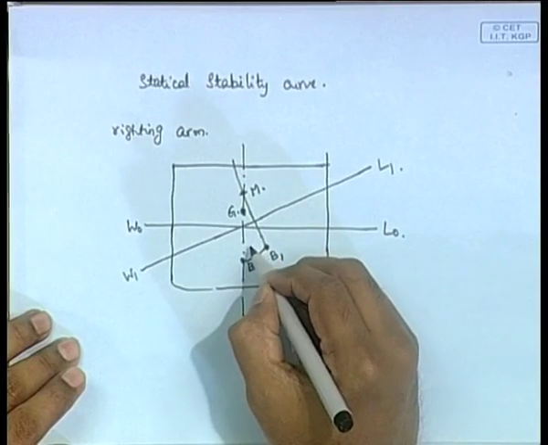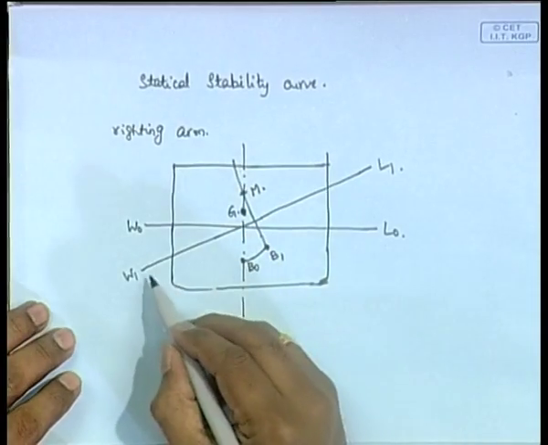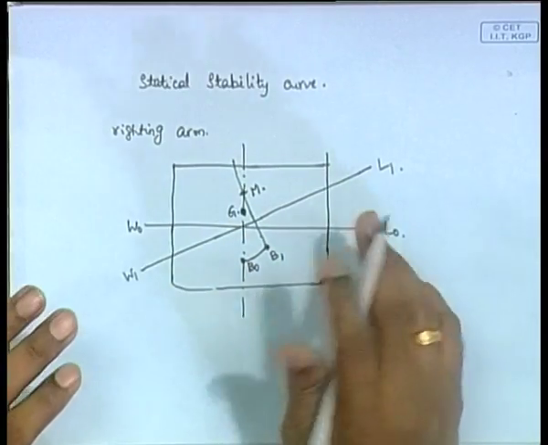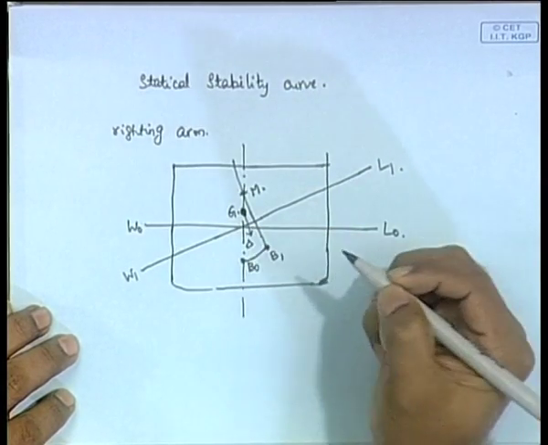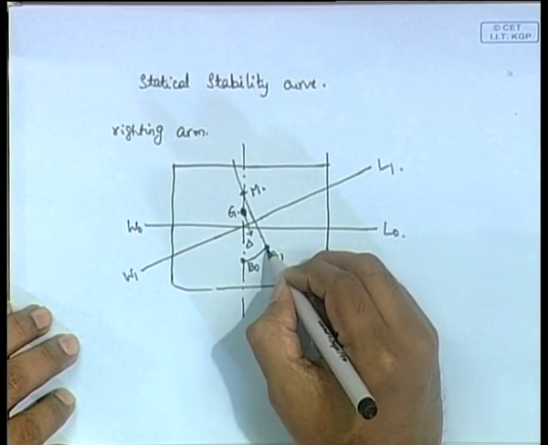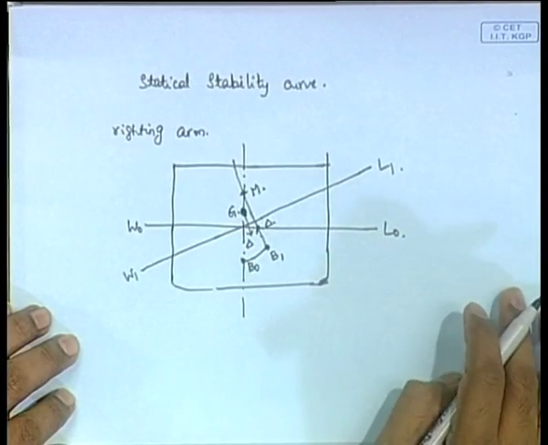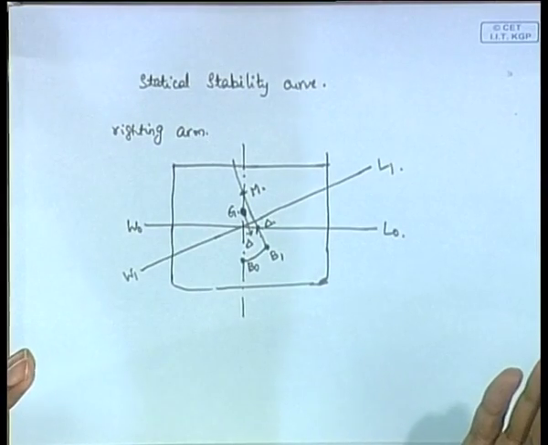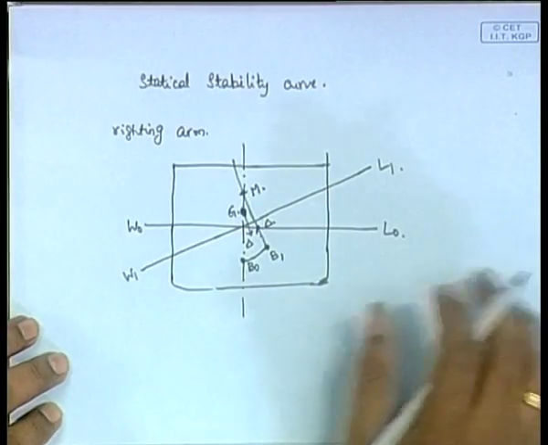Let us consider the final state, that is W1 L1 when the ship is heeled. Here at G you have the weight delta acting, the weight of the ship, at the center of gravity. Now, at B1, the center of buoyancy, there is a delta acting upwards. The weight is balanced, it is not moving up or down, so that same force delta is acting upwards.